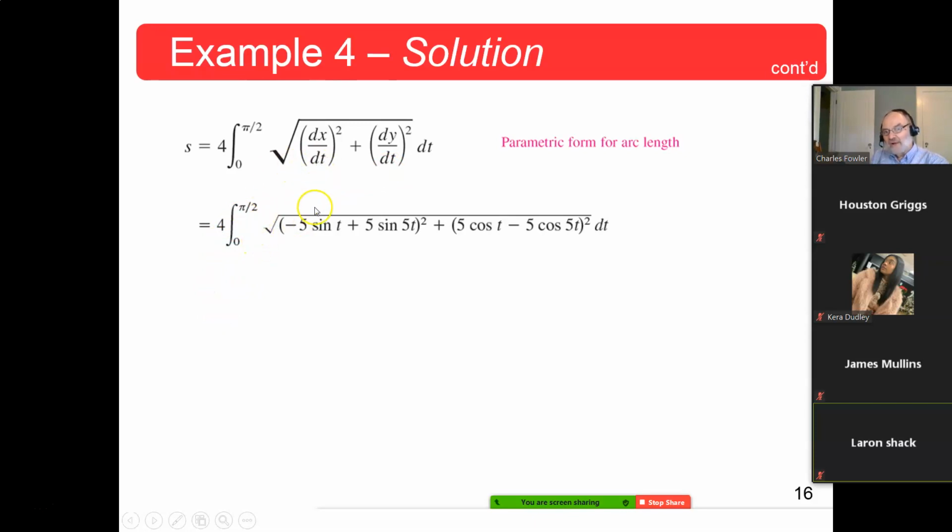Now this one was minus 5 sine t plus 5 sine 5t, squared. That's what that was. Plus 5 cosine t minus 5 cosine 5t, squared, dt.